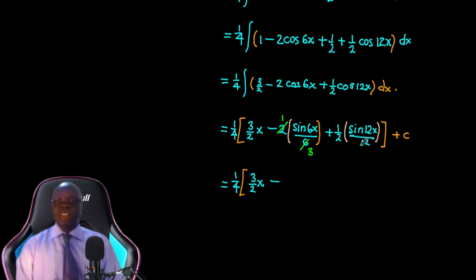Now here, these are denominators, we just simply multiply them. So what we had here is 1/3 sine of 6x plus. Now here we can multiply the denominators, and we have in the denominator 24. The term is sine of 12x, and we can close up this bracket plus our constant of integration.